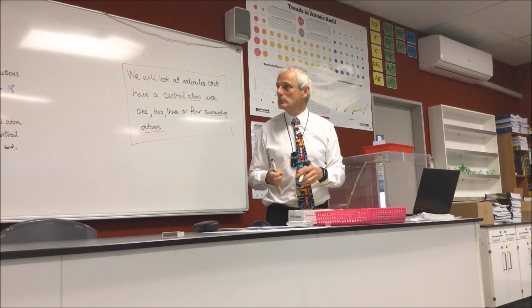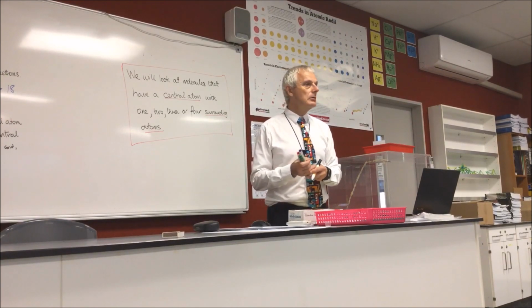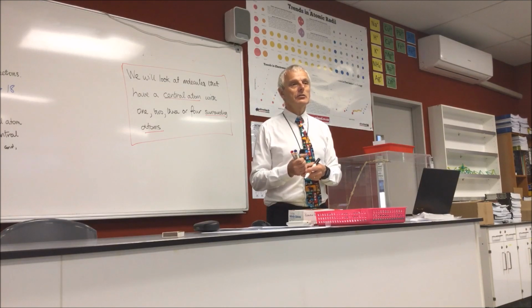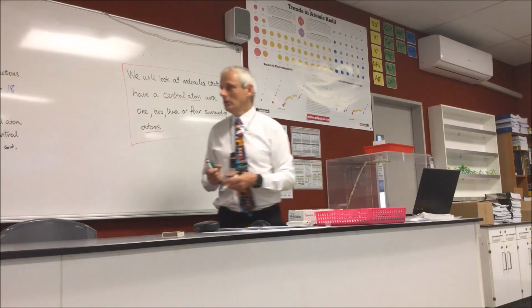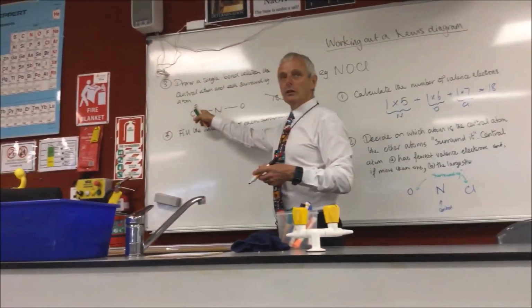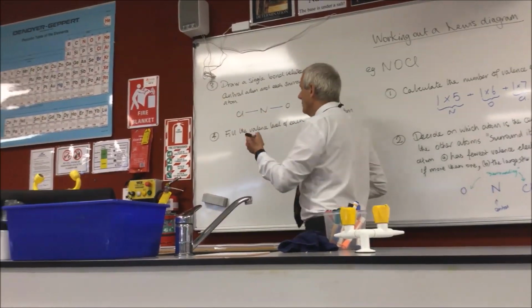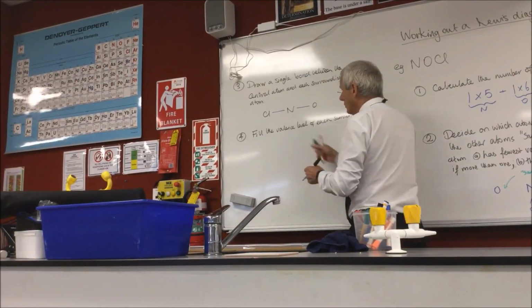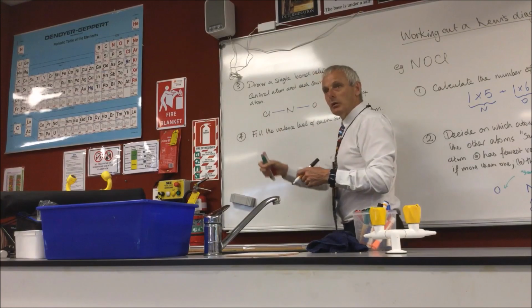Chlorine and oxygen. Anyone? How many electrons do they need to have a filled level? 8. So if we look at chlorine, chlorine's already got 2 in that single bond. So we need to put 6 around it in pairs.